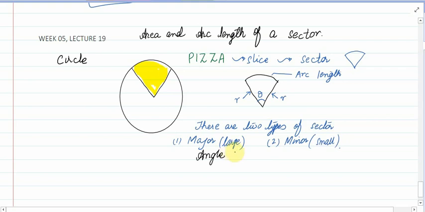If the angle is less than 180 degree, then it means that it is a minor sector, and if the angle is greater than 180 degree, then it's a major sector. Now in this given example, can you identify which sector is minor and which sector is major?